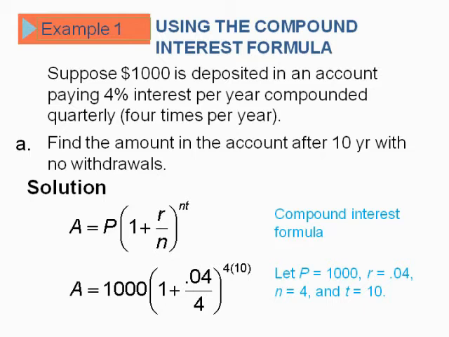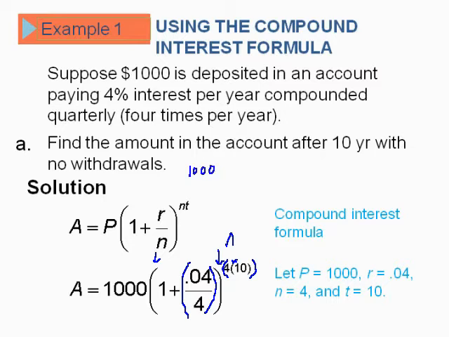I would go 1,000, parentheses on your calculator, 1 plus, another parentheses, 0.04 divided by 4, close parentheses, caret, raised to, and then parentheses 4 times 10, close parentheses. All right, so here are the keystrokes.